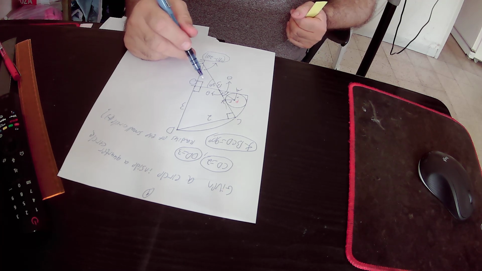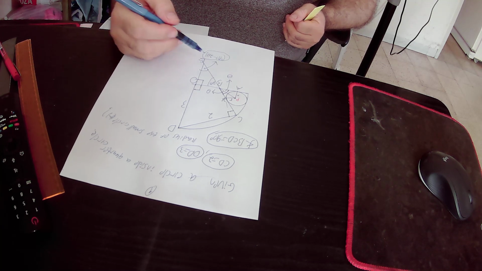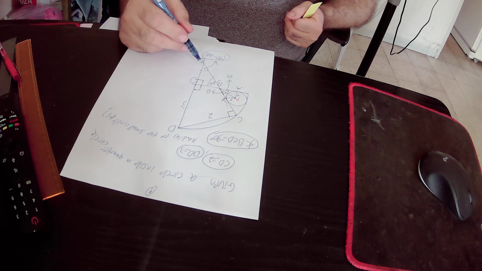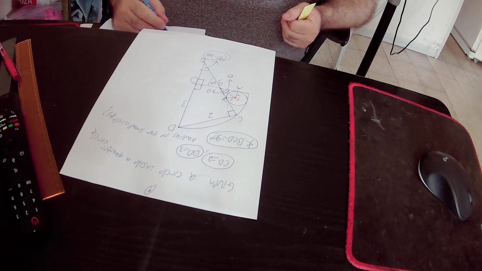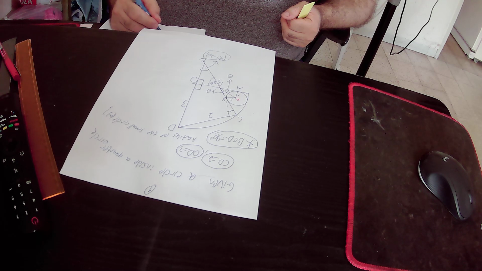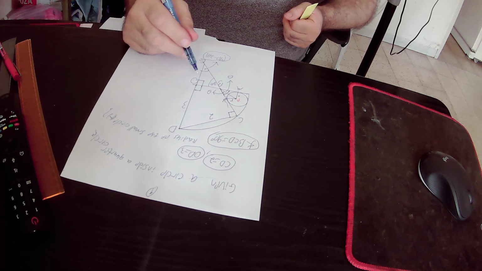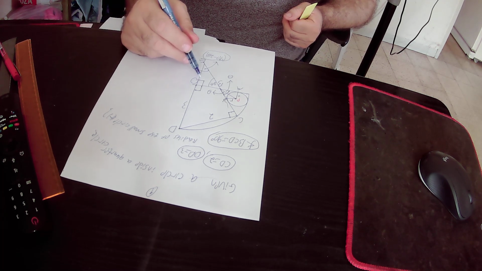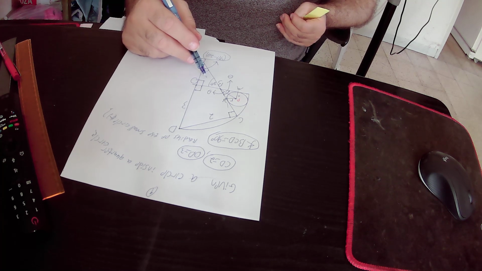So the rest two angles must be equal to, in total, 90 degrees, because angle BOE is already equal to 90 degrees, in order to complete the sum of the angles in this triangle to 180 degrees.